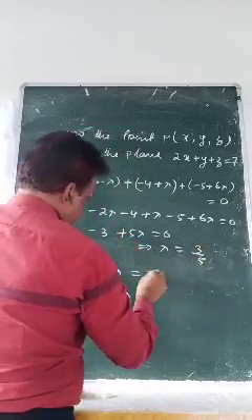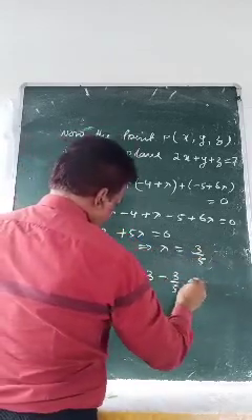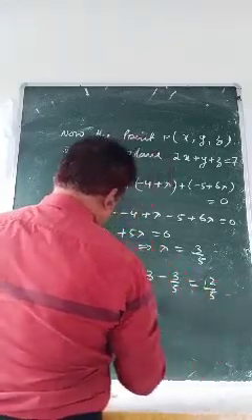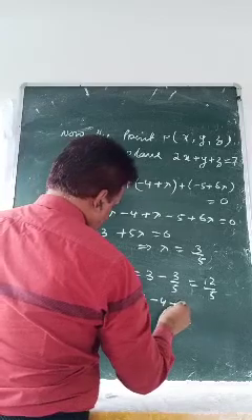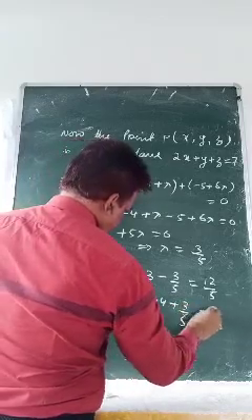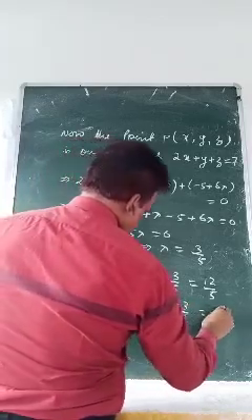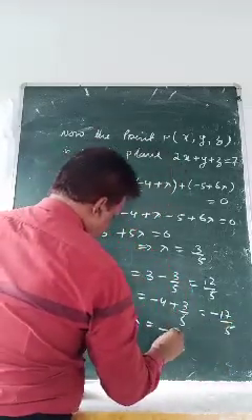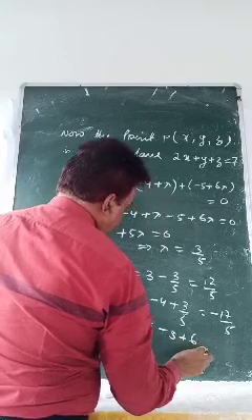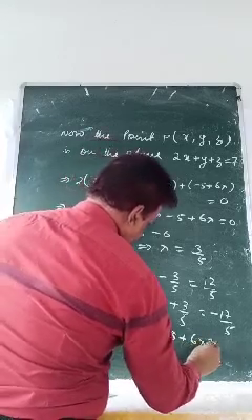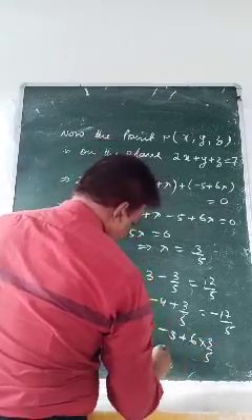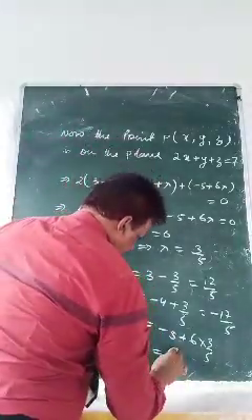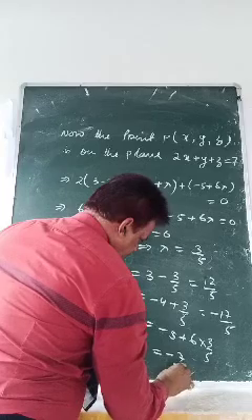So this is 3 minus 3 by 5, 15 minus 3, 12 by 5. This is minus 4 plus 3 by 5, minus 20 plus 3, minus 17 by 5. Minus 5 plus 6 into 3 by 5, minus 25 plus 18, minus 7 by 5.